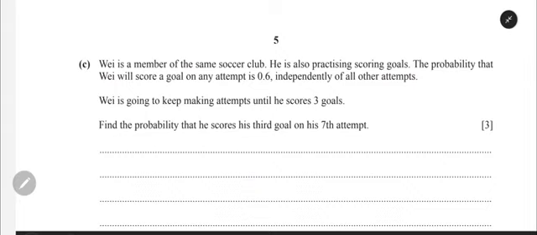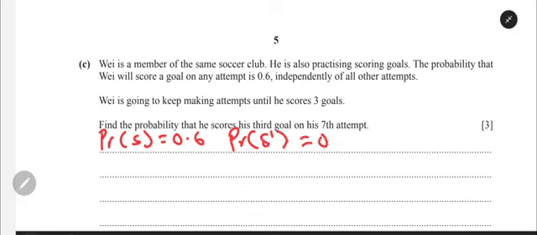We is a member of the same soccer club and is also practicing scoring goals. The probability that he will score a goal on any attempt is 0.6. So let me write out the parameters. Scoring, so we can write the probability of x to be 0.6, and the probability of x prime will be 0.4.